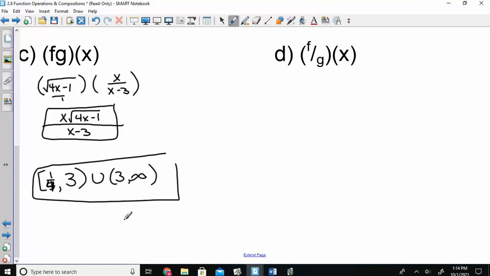Okay, last example for the day. F divided by g. So f is the square root of 4x minus 1 divided by x over x minus 3. Is it proper notation to leave a fraction divided by a fraction? No. How do we solve that? What do we do? Flip and multiply.